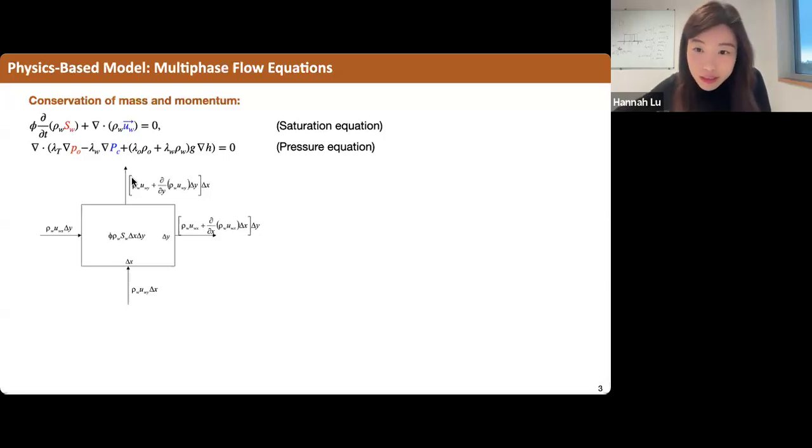So two equations here, one for saturation, one for pressure, and the coupling is through this flux velocity, which is a function of pressure, and the capillary pressure, which is a function of saturation. You can directly see that the pressure equation is parabolic, so it changes on a larger scale, and the saturation equation is hyperbolic, so it propagates on a smaller scale.